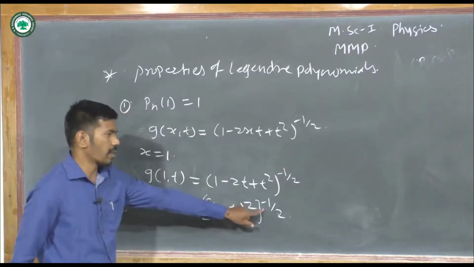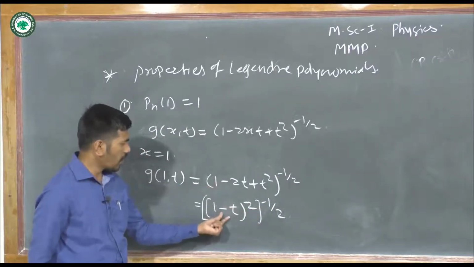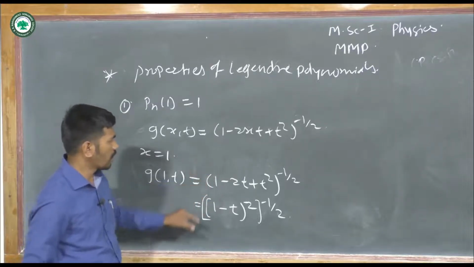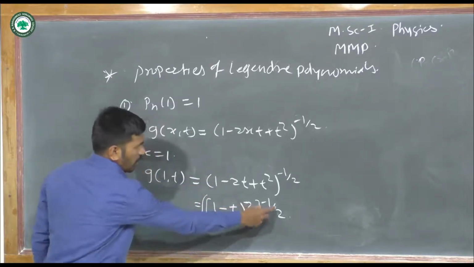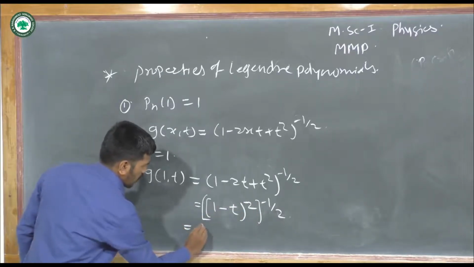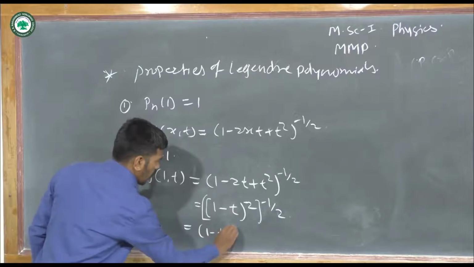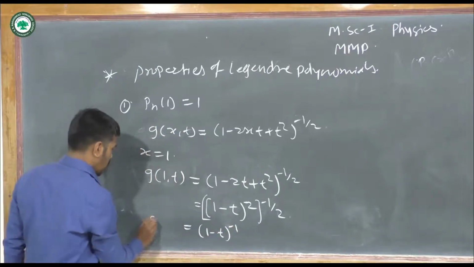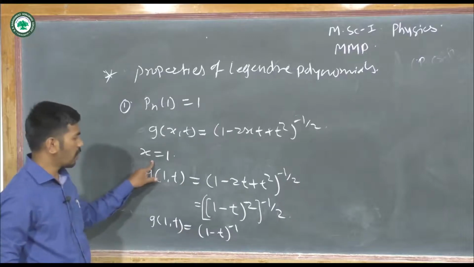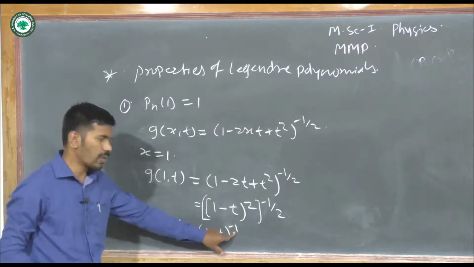If I expand this, this 2 and this minus half will be cancelled out, so it is (1 minus t) power minus 1. Now we have the generating function, if I put x is equal to 1. So here the power is minus 1.